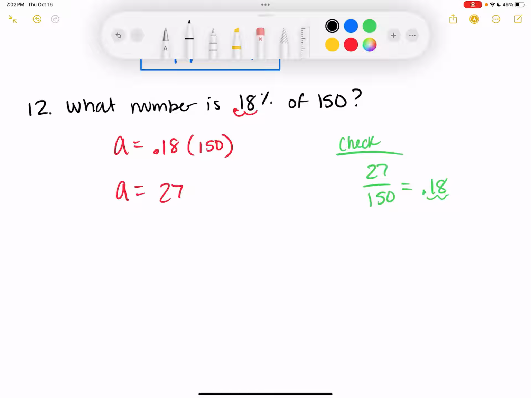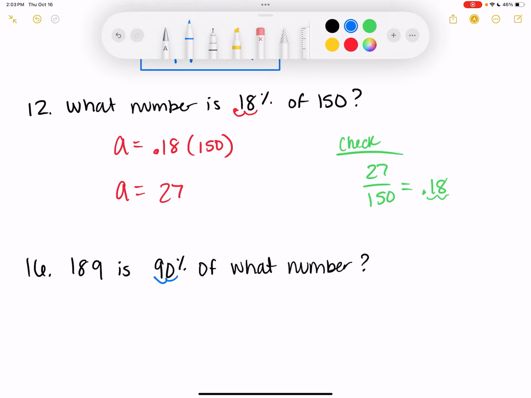16. 189 is 90% of what number? Ideas on how I would set this one up? 189 equals 0.90 times B. Yep, so we move that decimal place over.